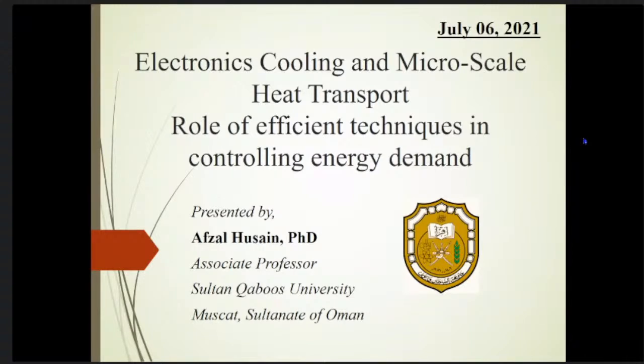I worked there for 2.5 years, and after that I joined Sultan Qaboos University in Oman, and I've been there since. I'm teaching the thermofluid courses mostly, related to heat transfer, fluid flow, and some renewable energy concepts.